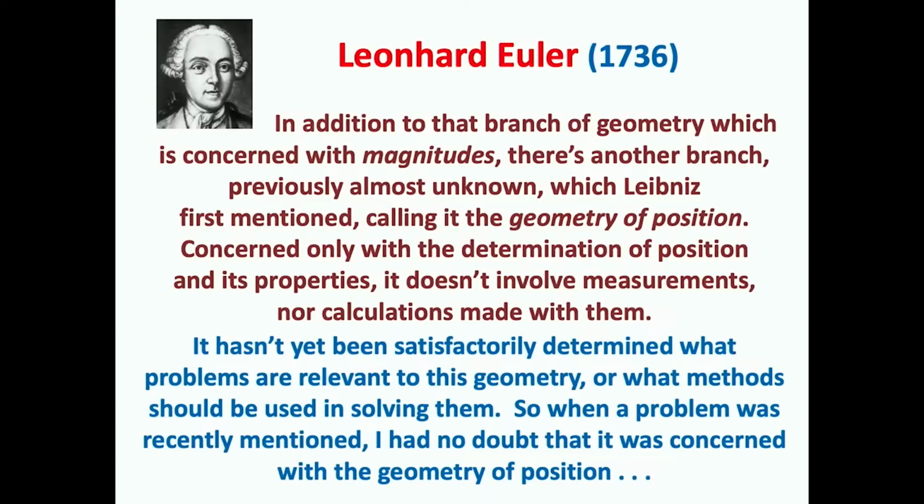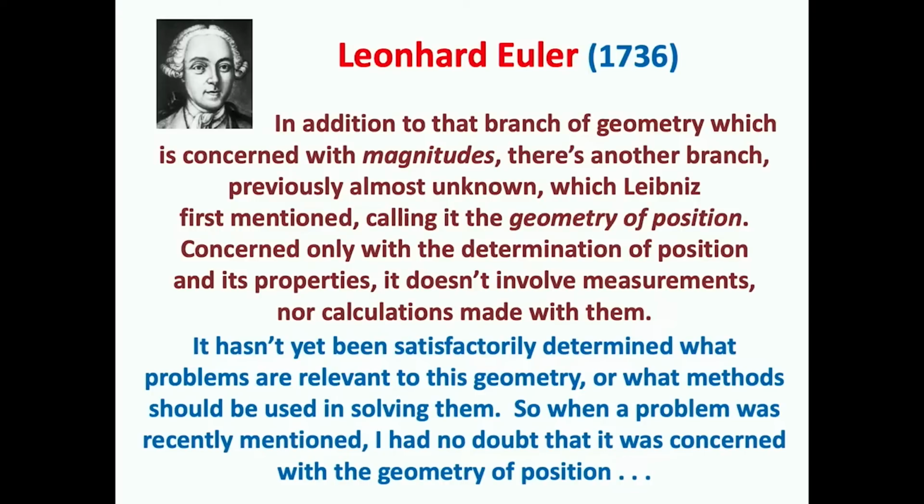It hasn't yet been satisfactorily determined what problems are relevant to this geometry, or what methods should be used in solving them. So when a problem was recently mentioned, I had no doubt that it was concerned with the geometry of position. So it's a geometrical problem, but one which doesn't involve any ideas of measurement or length or angle or anything like that. And the problem he's referring to, of course, is the Königsberg problem.